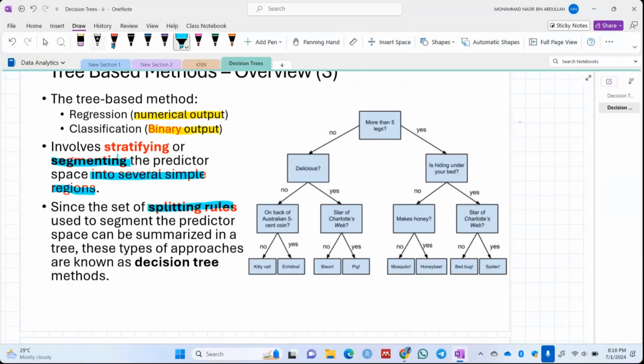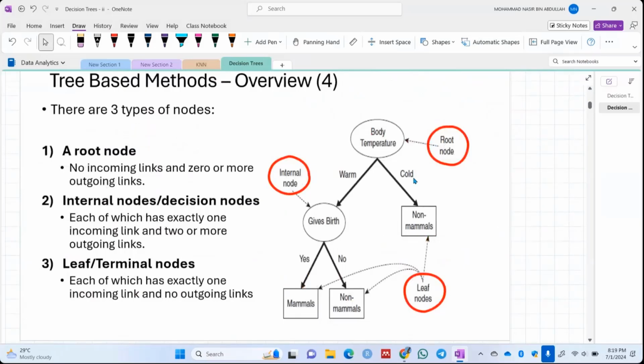So this is an example of a tree diagram, right? We start with a root node. So this is a root node, and this is a child node, or we call it internal node. Internal node, and the last outcome, this is what we call leaf node, right? Leaf node. Okay. So this is the structure that I explained just now.